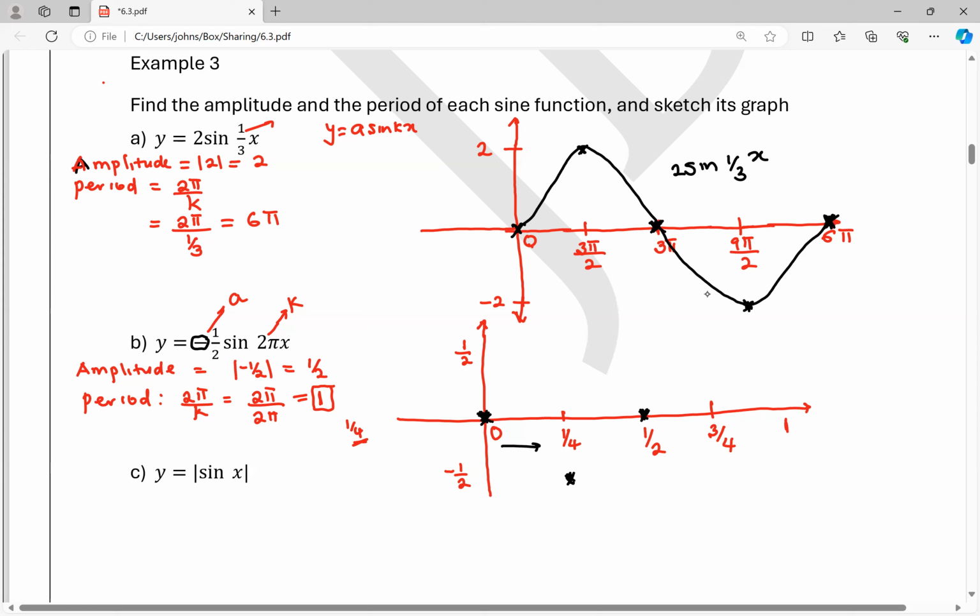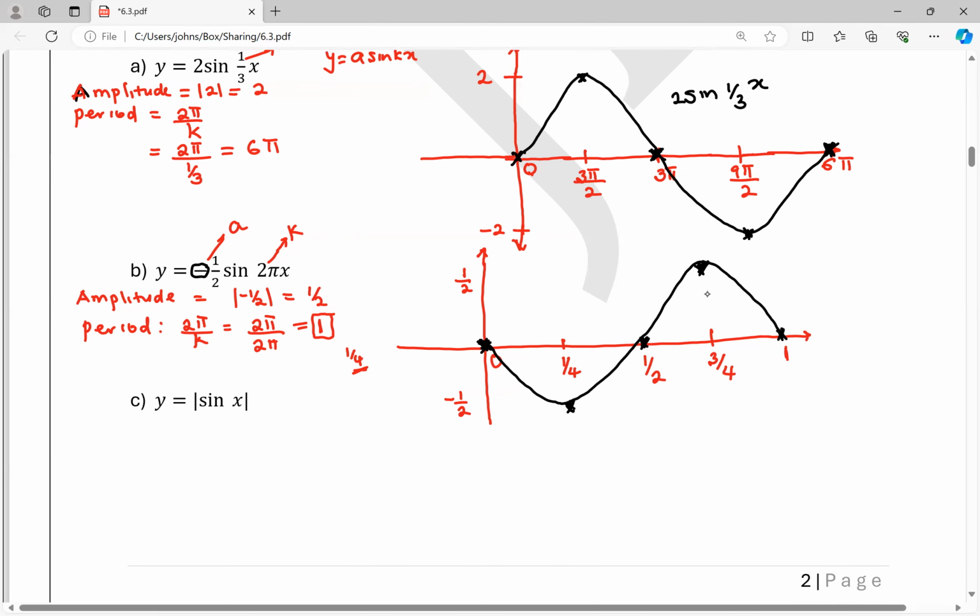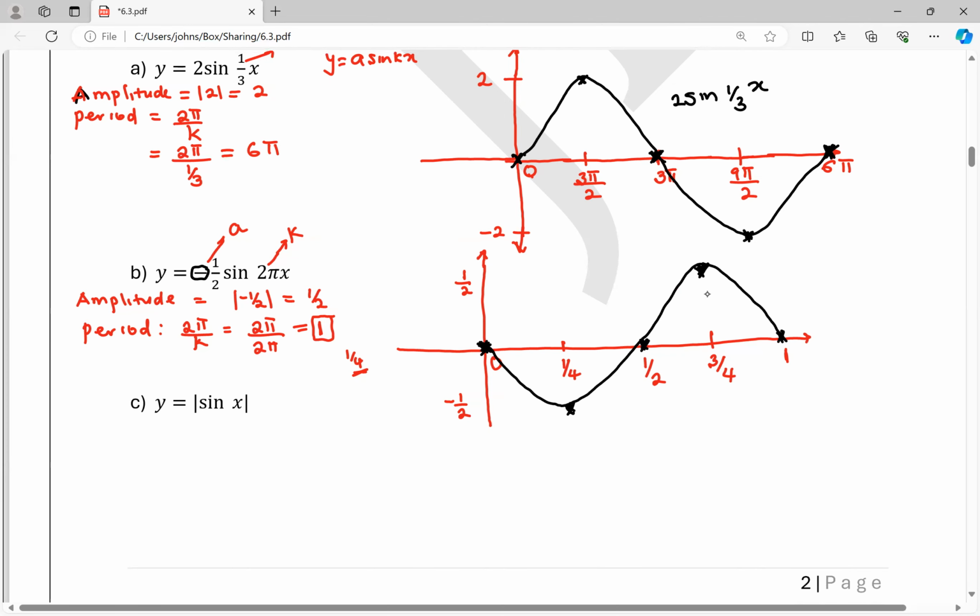Then as you go again, you go to 1/2. Then you come back here. So this will give us a shape like this. So this is the graph of minus half sine 2 pi of x.